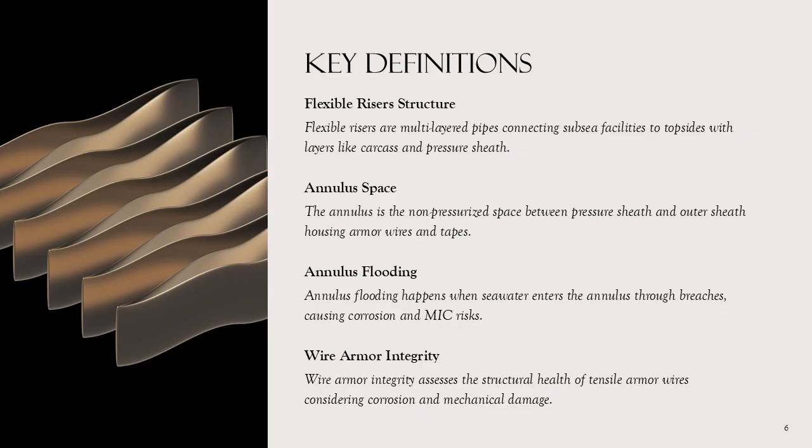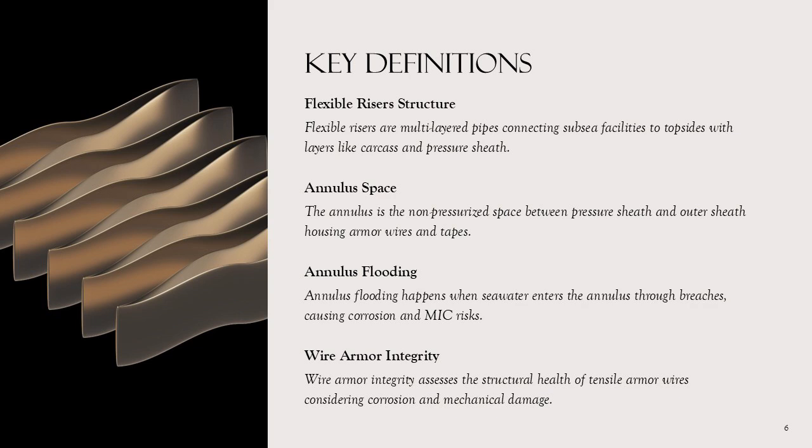Flexible risers are unbonded, multi-layered pipes used to connect subsea facilities to topsides, comprising layers such as carcass, pressure sheath, tensile armor wires, tapes, and outer sheath. The annulus refers to the space between the pressure sheath and outer sheath, typically non-pressurized, housing armor wires and tapes.